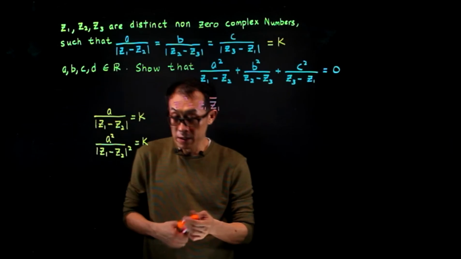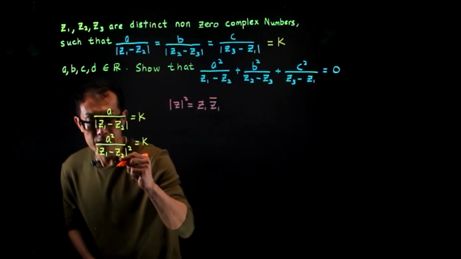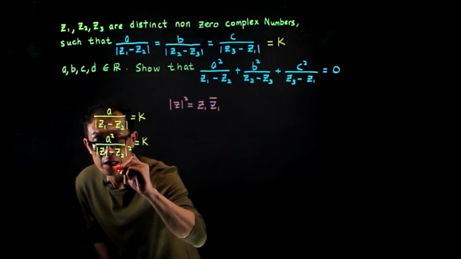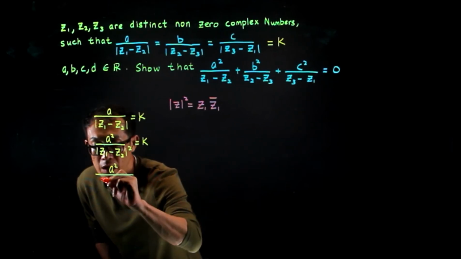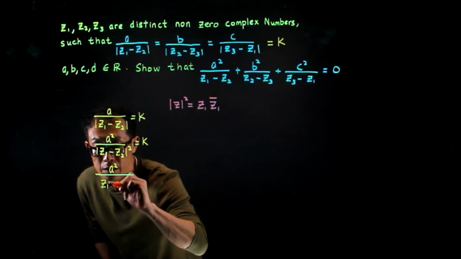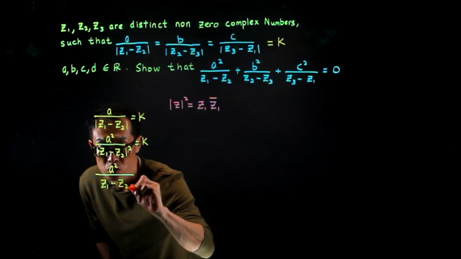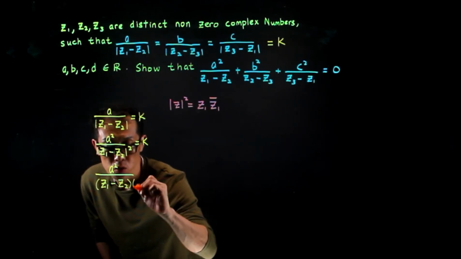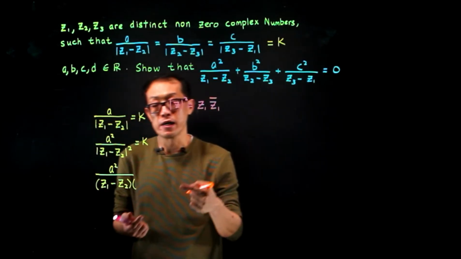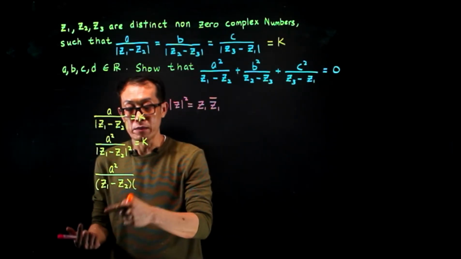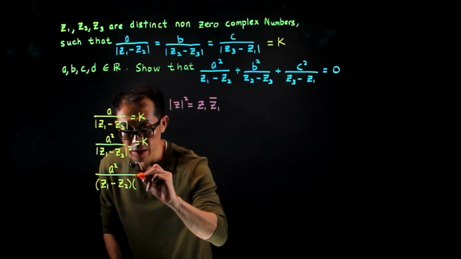So likewise, this expression over here can be written as a squared over z1 minus z2 into the conjugate of z1 minus z2, which is the same as conjugate of z1 minus the conjugate of z2.